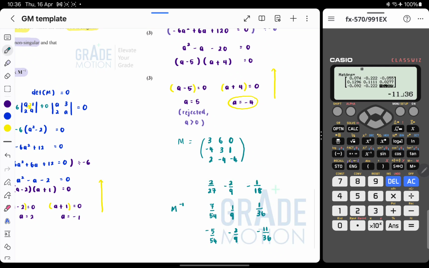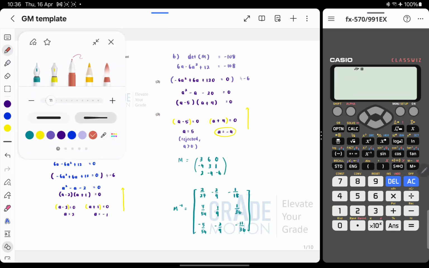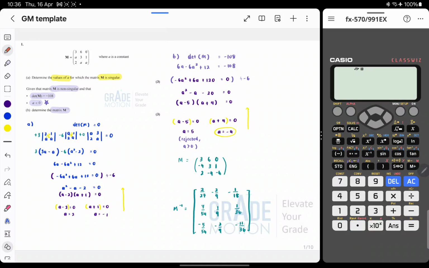So this is our inverse matrix. With that, we are done with our first question. We have our a values, and we also have our inverse matrix.